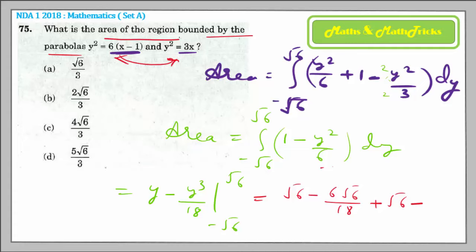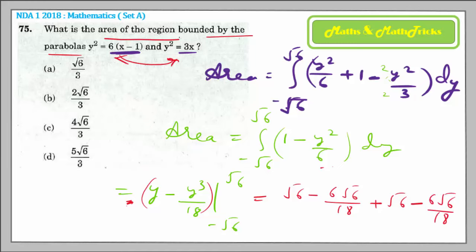Am I right? See, when you substitute the lower limit, you take the minus, right? So this is minus root 6, which becomes plus because of this minus, and then this minus, so that is becoming plus, but this minus is there, no? So it will be left over. So minus root 6 cube will be minus 6 root 6 by 18.